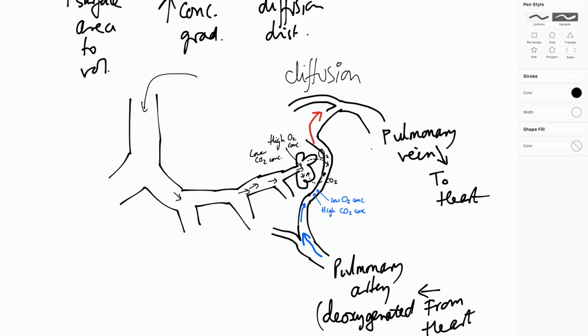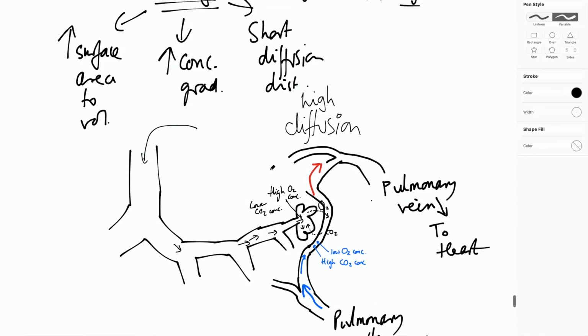This has always been about ensuring a high enough rate of diffusion. So that's how it works. But what are the adaptations to make sure that the rate of diffusion is as high as possible?